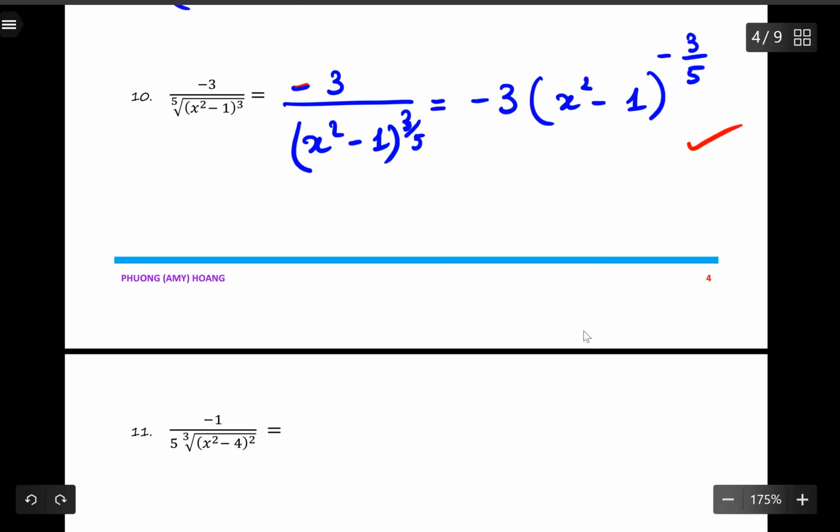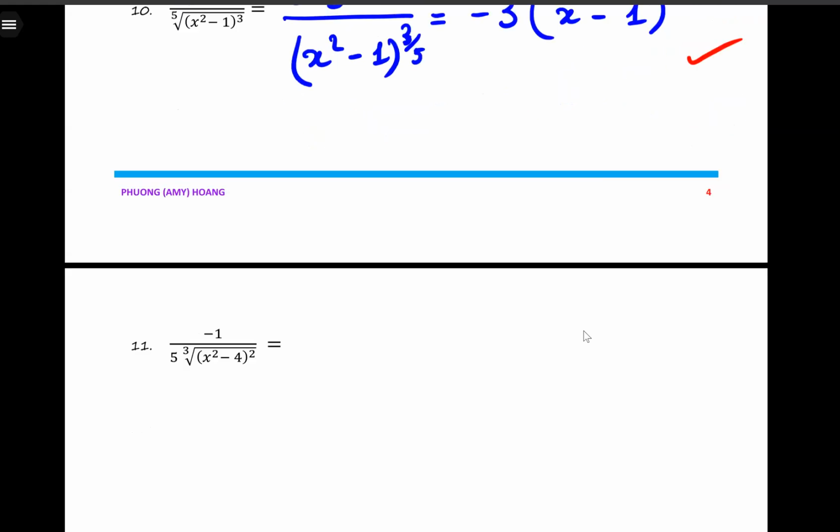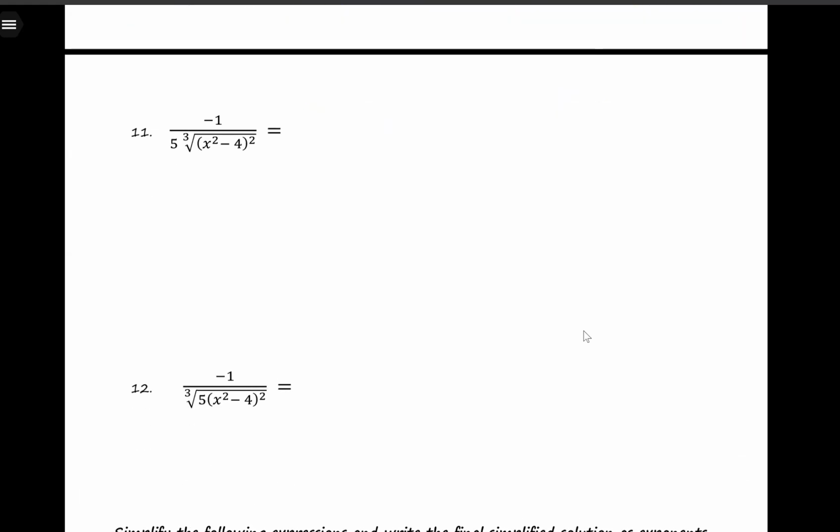Okay, so for number 11, I would like everyone to pay attention to number 11 and number 12 and see the difference between these two.